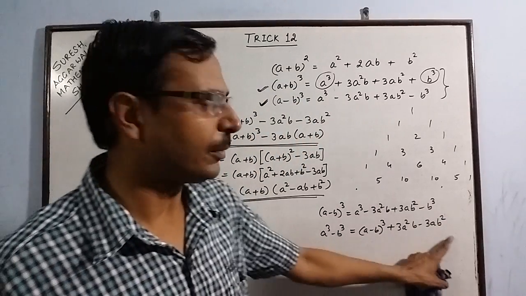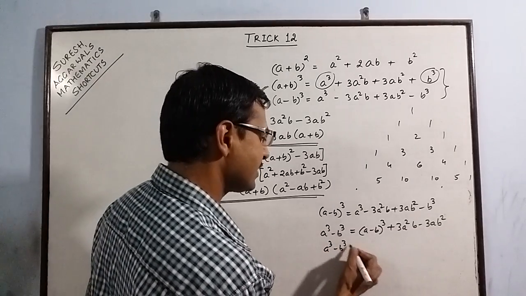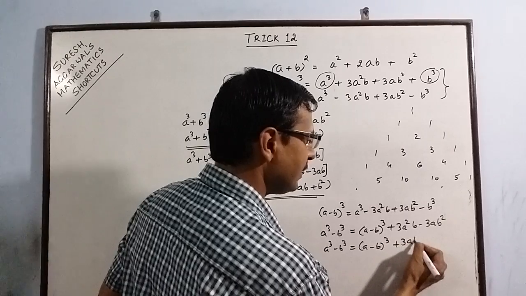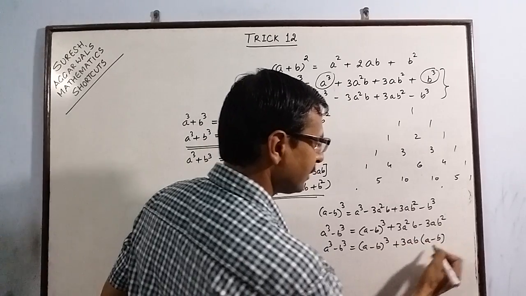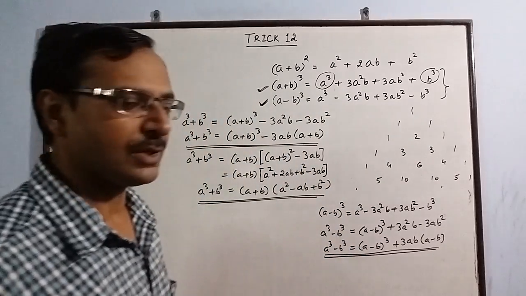and now you can take common to arrive at the formula of a cube minus b cube, which is (a - b) whole cube plus 3ab(a - b). This is the first identity of a cube minus b cube.